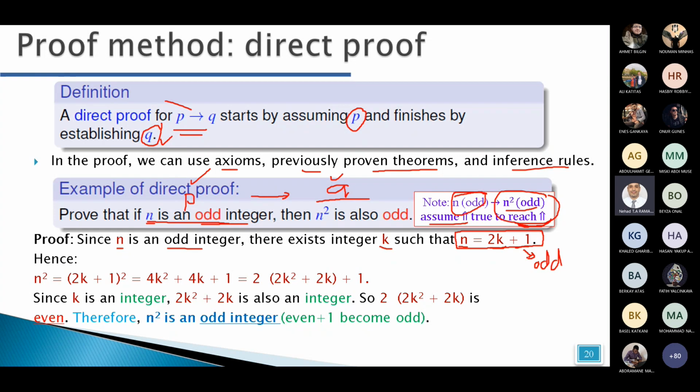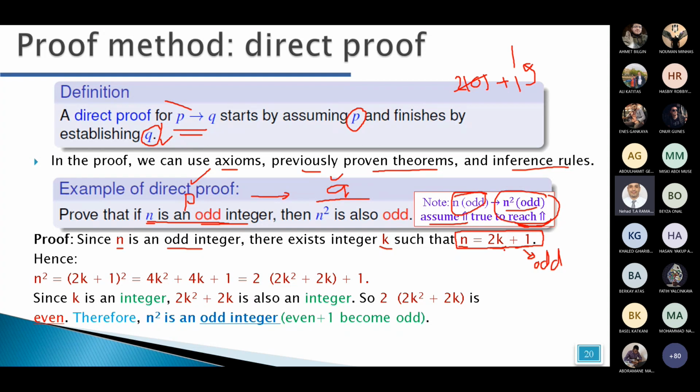For example, 1 is an odd integer, so it's 2 multiplied by 0 plus 1. 2 multiplied by 0 is 0, plus 1 is 1. We can get any odd integer from this one.